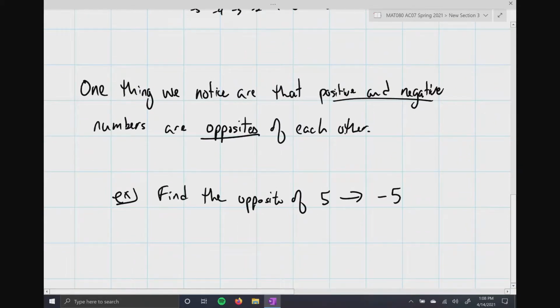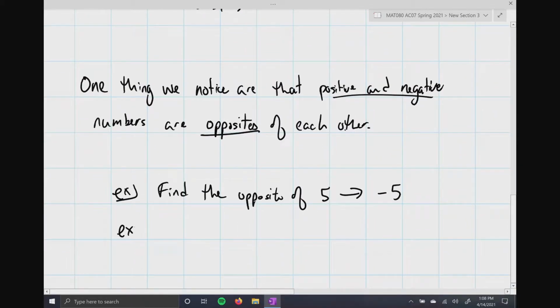Another example. Find the opposite of -7. So what is the opposite of -7? Can somebody tell me? +7. Perfect. And actually, Alex, that kind of leads us into this idea right here.